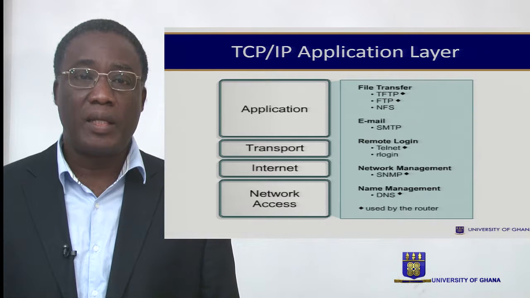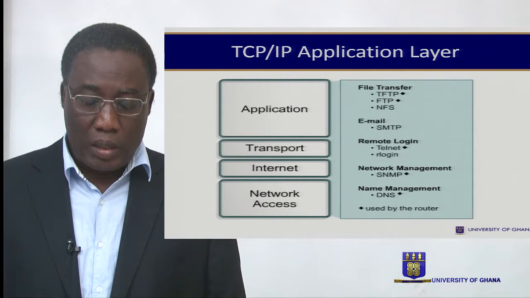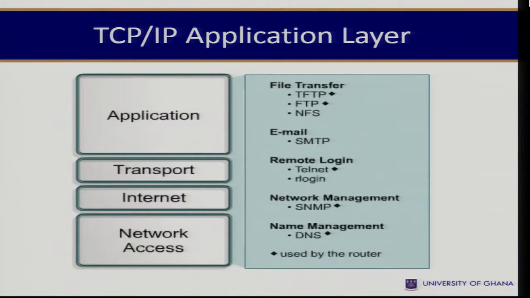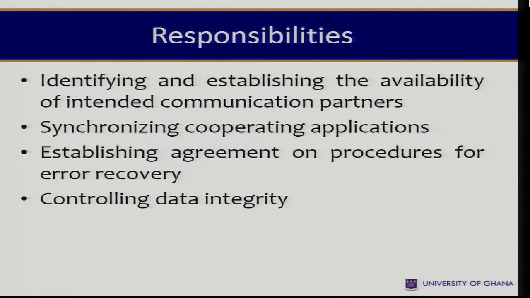Let's look at the application layer. The application layer has a certain number of things, things happen there. You can have file transfers there, you can have emails, you can have remote logins, and you can have network management, and then name management, happening at the application layer.